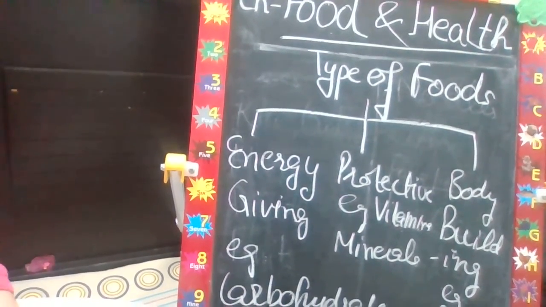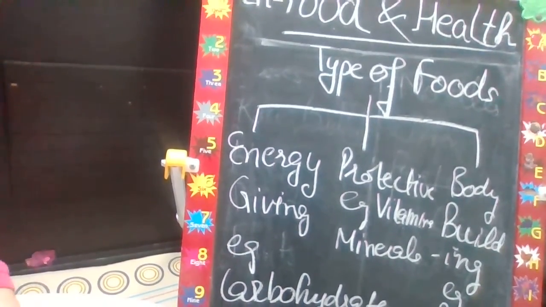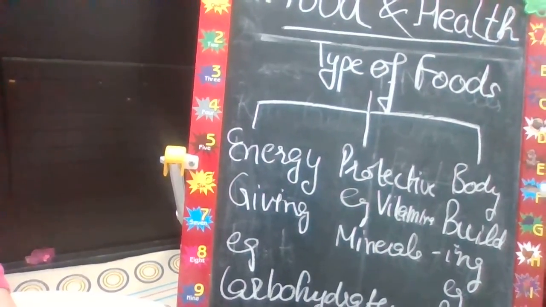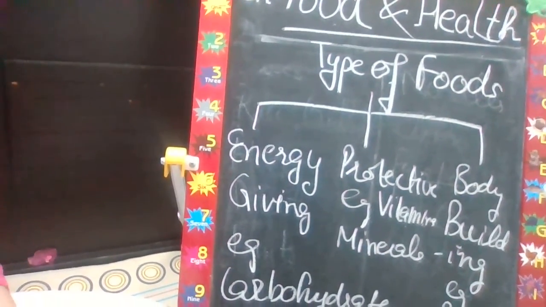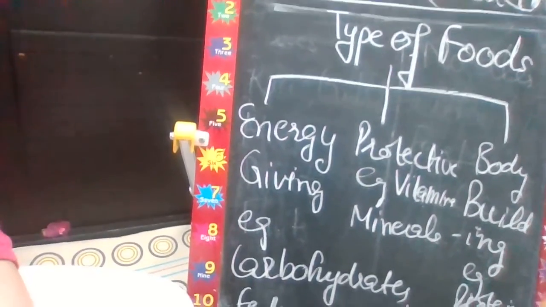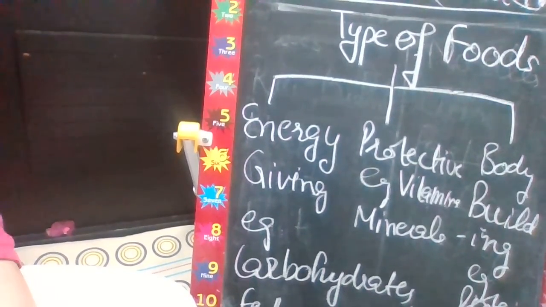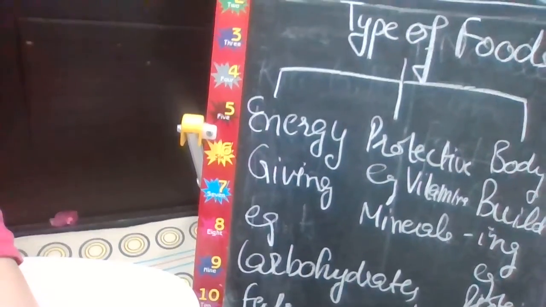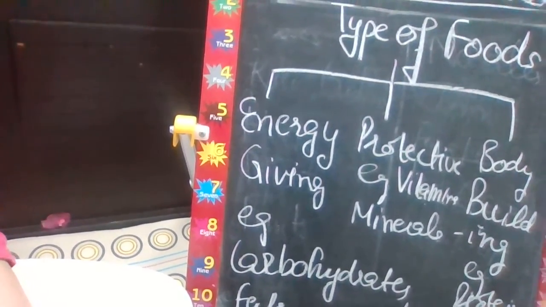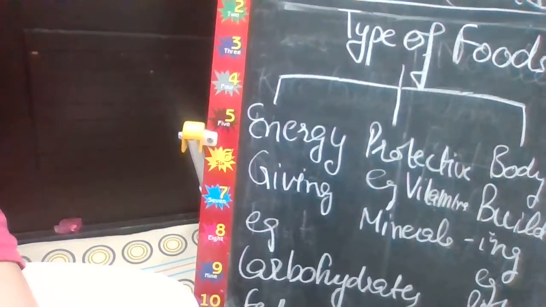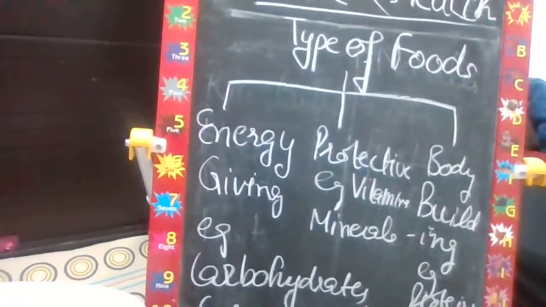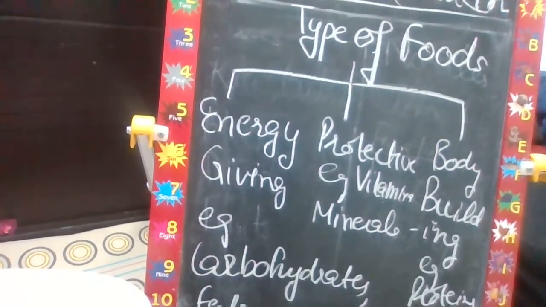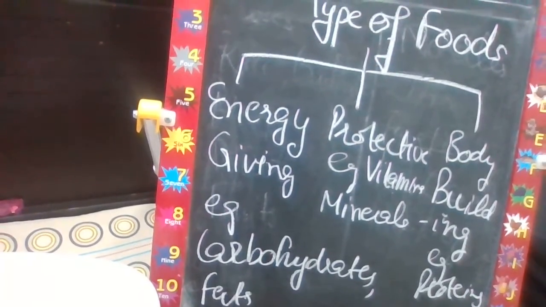Number one is energy giving, number two is protective food, and number three is bodybuilding foods. Now, energy giving foods, which will that be? That will be your carbohydrates and fats. And your protective food will be your vitamins and minerals. And your last one, the bodybuilding food, will be your proteins.